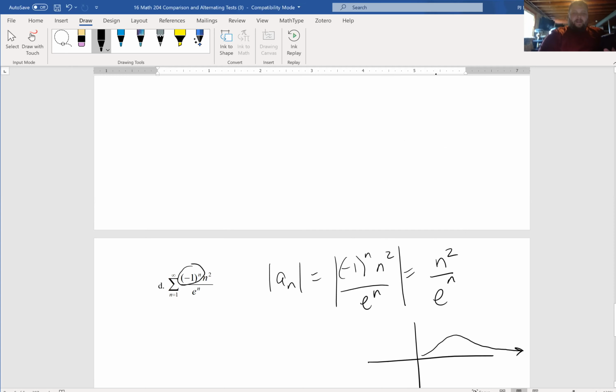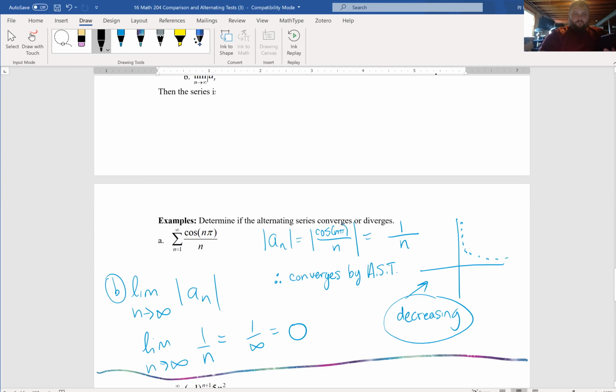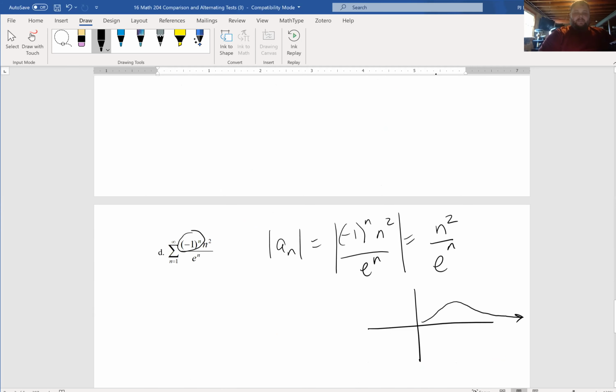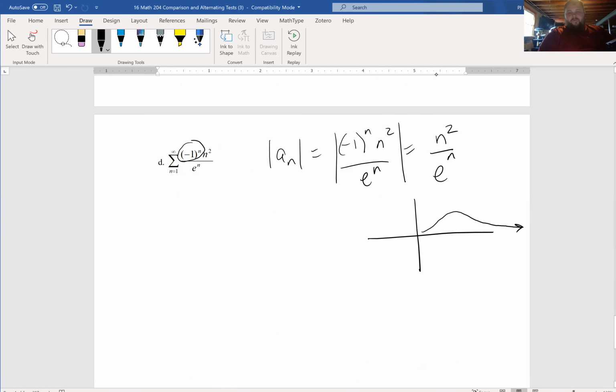So if we scroll back up, it says that it should be decreasing. Now, it does not specifically say for all n. And the reason for that is because it's okay for it to increase for a short period of time as long as the majority of the function is decreasing.